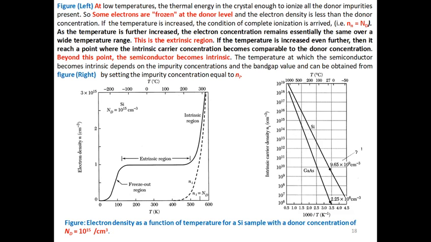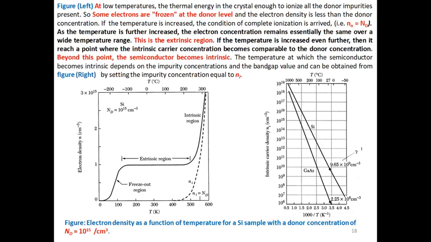But if you increase the temperature further, this extrinsic semiconductor will be converted into an intrinsic semiconductor, because Ni becomes comparable to Nd. As we showed before, if the intrinsic carrier concentration becomes comparable to the donor concentration, beyond this point the extrinsic semiconductor becomes an intrinsic semiconductor.